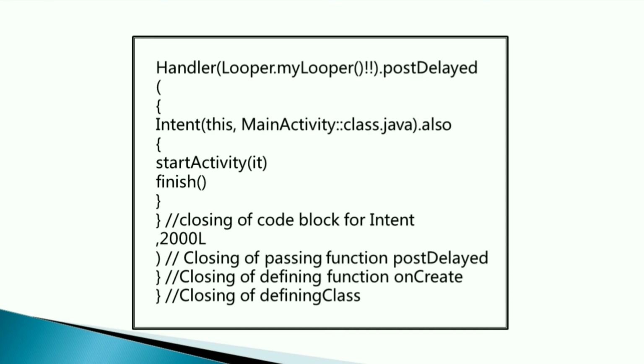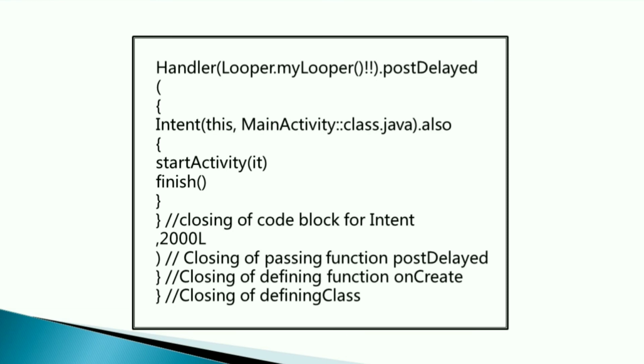If you don't need to close your activity manually, which is true in many cases, you don't need to call this method. Now we are closing lambda expression. Next, we are closing code block for creating instance of the Runnable class.